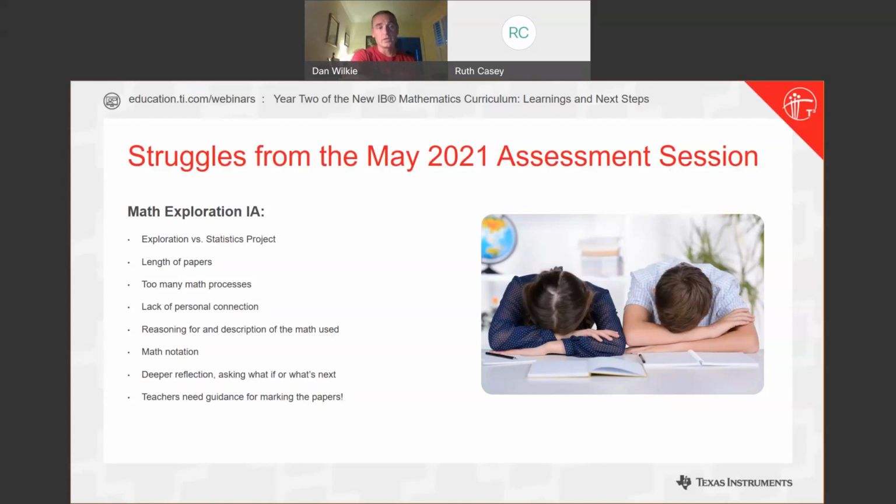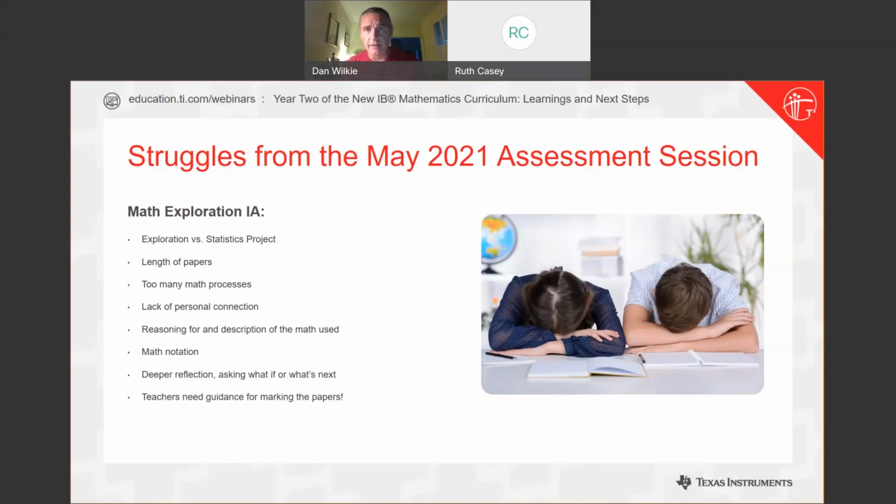And it goes in with my second last bullet point there of asking what if or what's next when they dig deeper there. And that's really how they can show that connection to the paper and to the topic. And unfortunately, they were just scratching the surface with this paper.